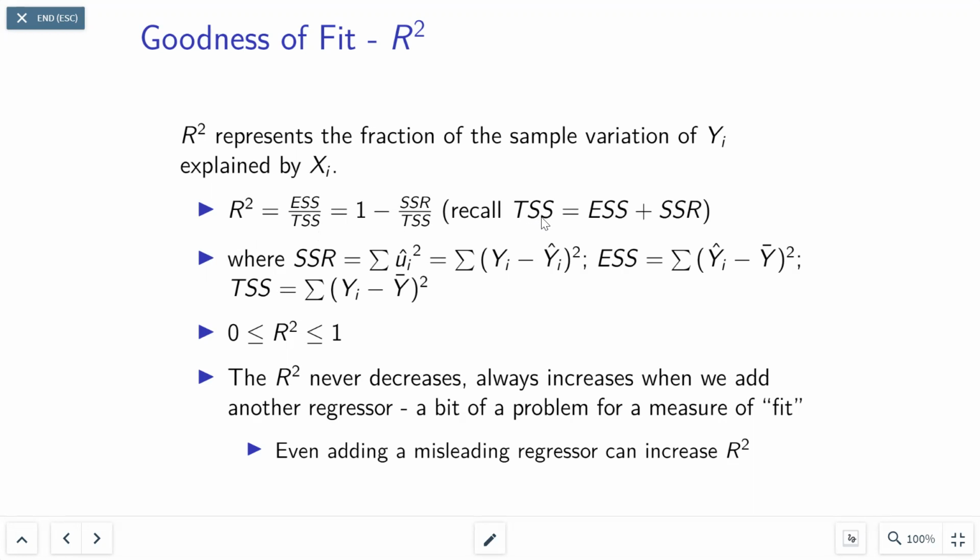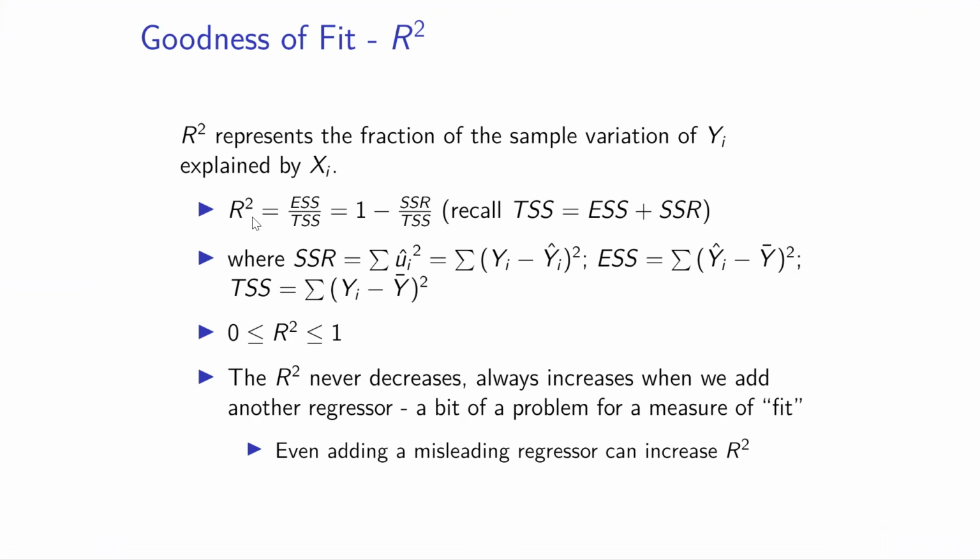And since TSS is given by ESS plus SSR, the sum of squared residuals, this ratio can also be rewritten as 1 minus SSR divided by TSS. Therefore, the smaller the SSR as a percentage of TSS, the higher the R-square, which means a better fit for the data.